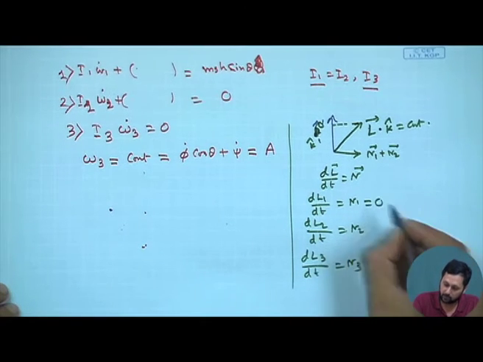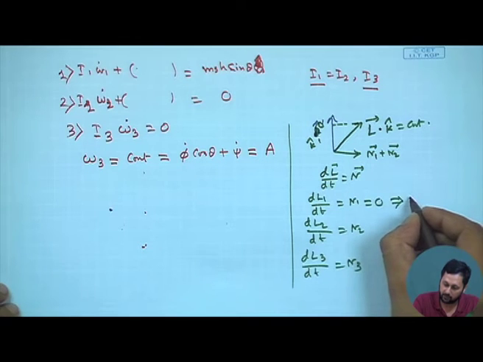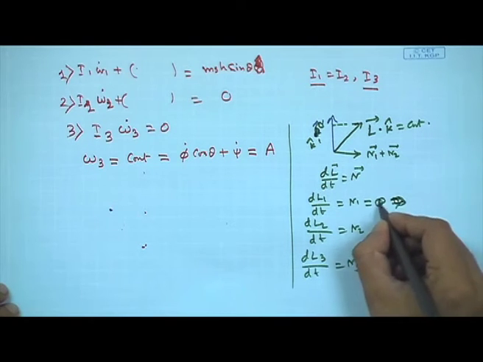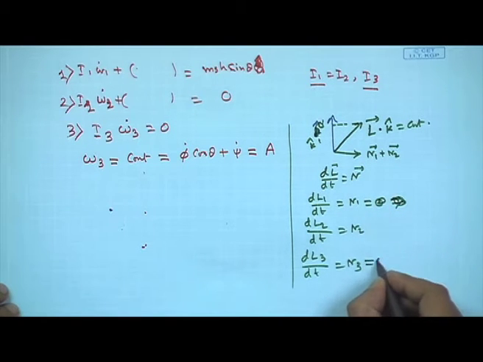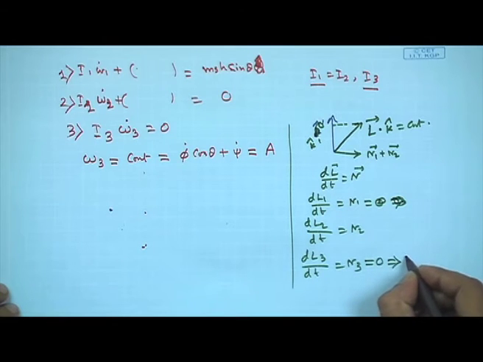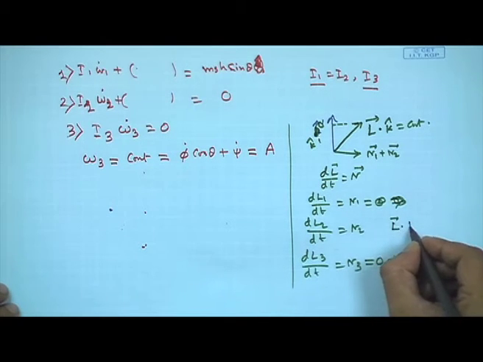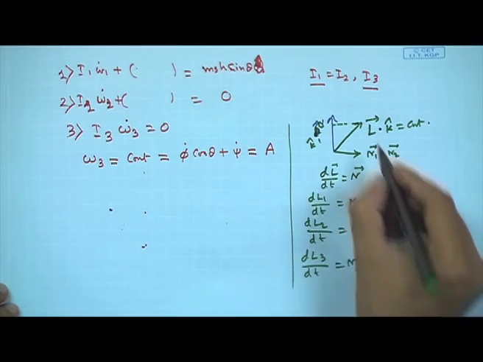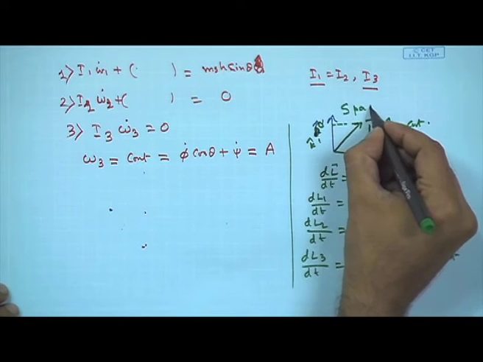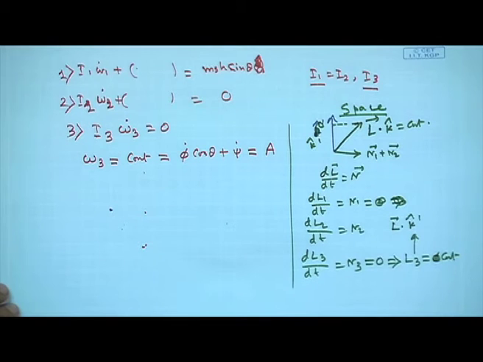If N3 is equal to 0, then we can immediately tell that L3 is a constant, and L3 is nothing but L dot k prime, written out in the space set of axes.